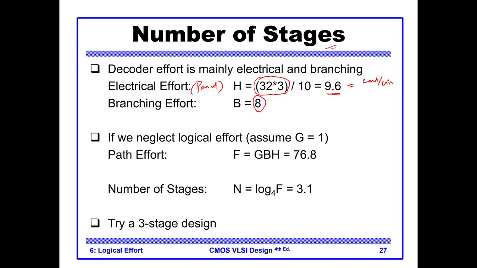Now if we neglect logical effort, remember that capital F is G B H. So we start by assuming G equal to 1. Why do we assume that? Because we have just started with the design, and we don't know whether we will use a NAND gate, or for example an AND with an inverter.